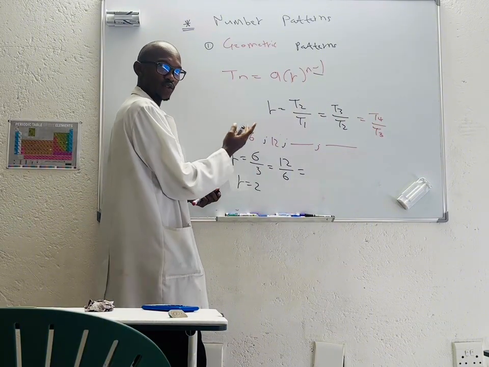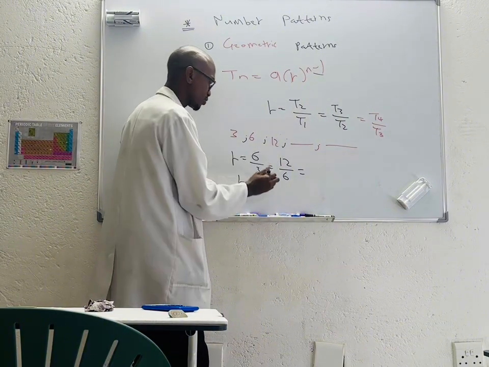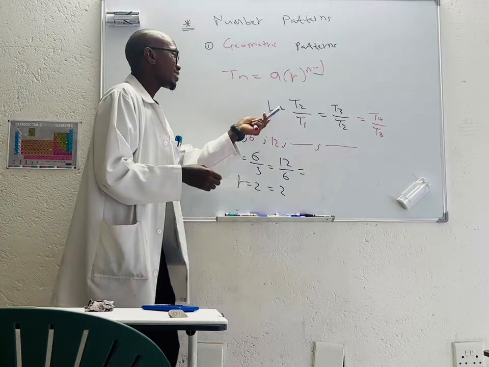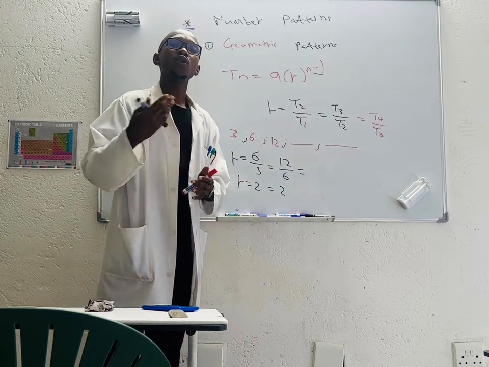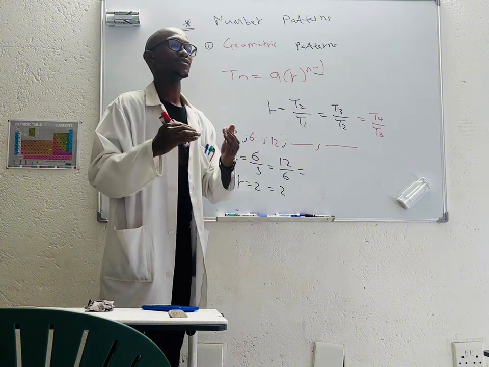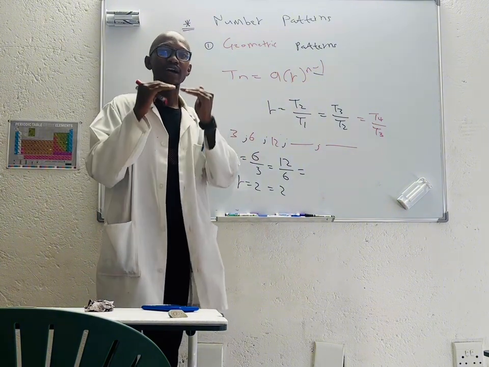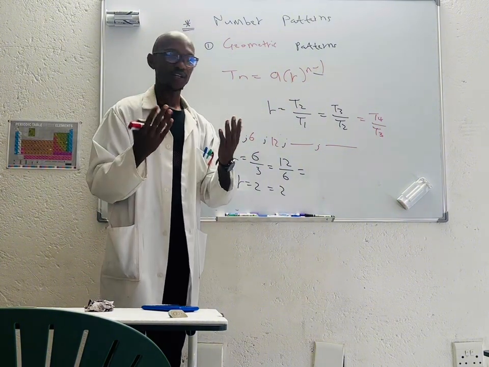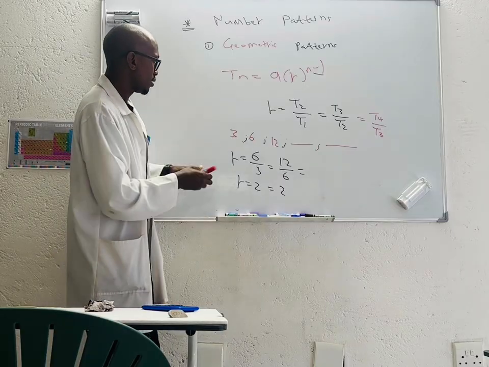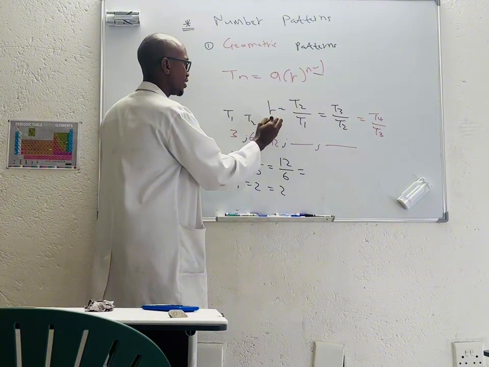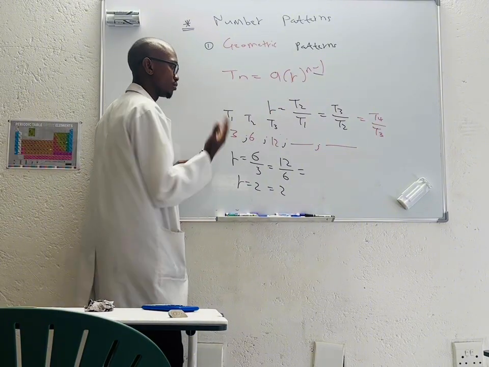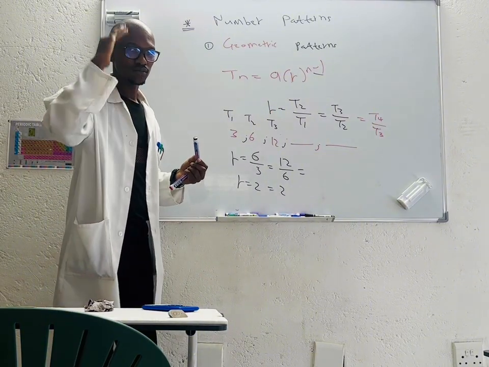Because 3 goes into 6 twice, and 6 goes into 12 also twice. So you see that after dividing, I'm getting the same answer. So that's what we call common ratio or constant ratio, we are basically getting it after dividing the terms. Awesome, guys. Remember, this is my term 1, term 2, and term 3. So that's basically what we do, guys.